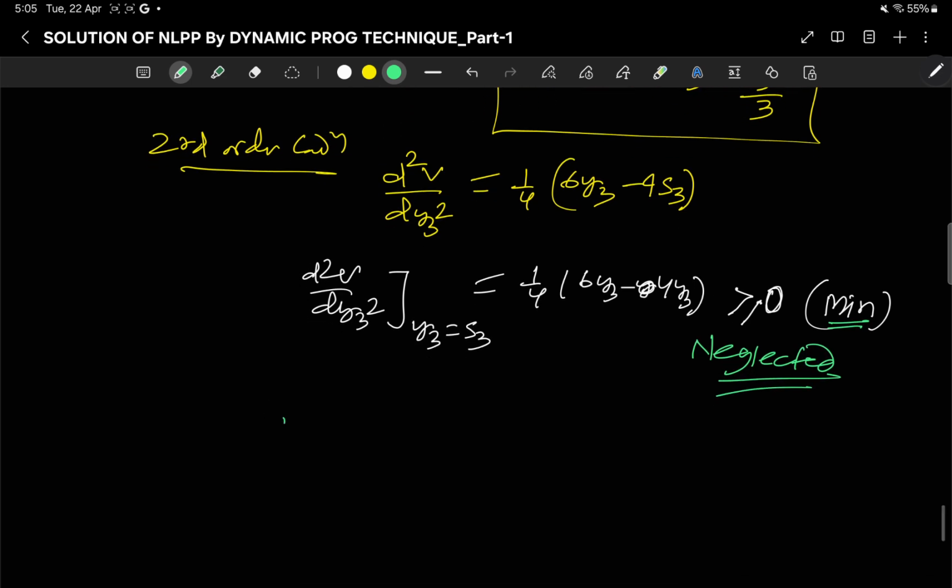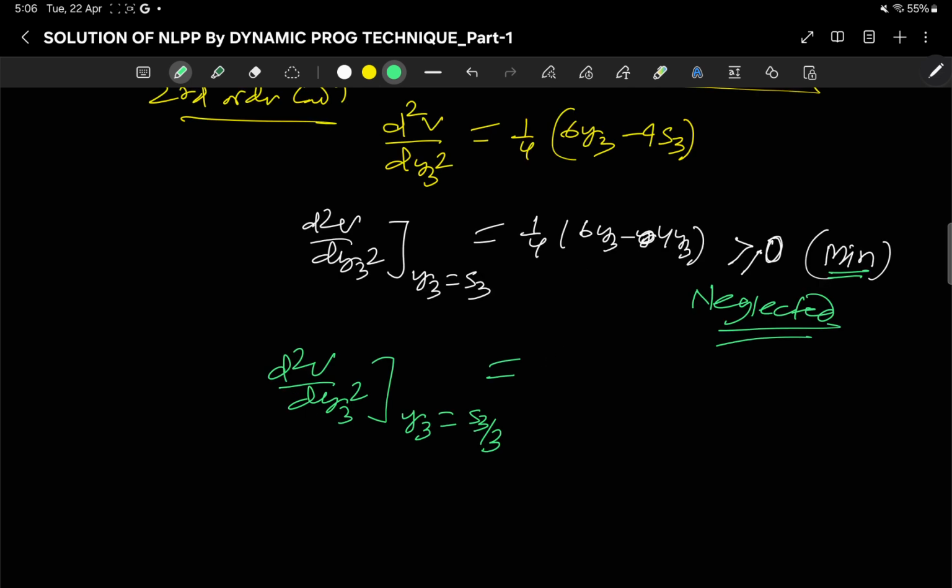Now d²v/dy3² at y3 = s3/3. Okay, what is the value we are getting? This will be equal to 1/4 (2s3 - 4s3). So this is equal to -2s3/2, which is negative because s3 is positive, right?